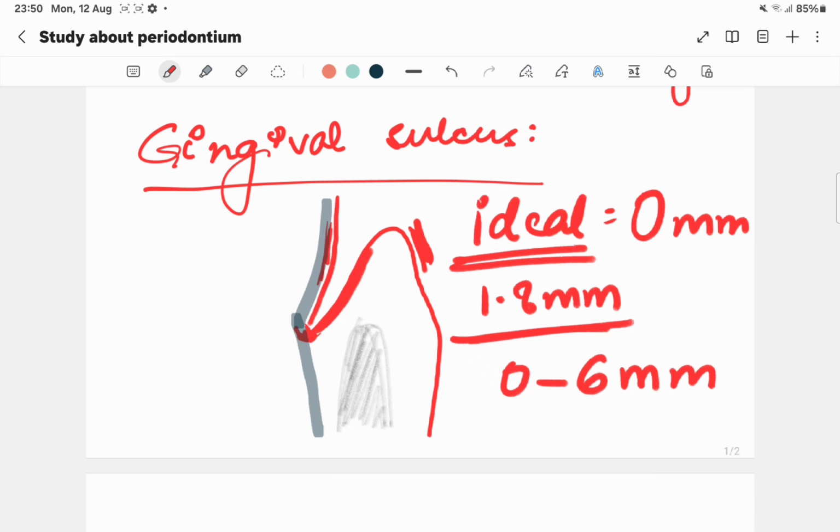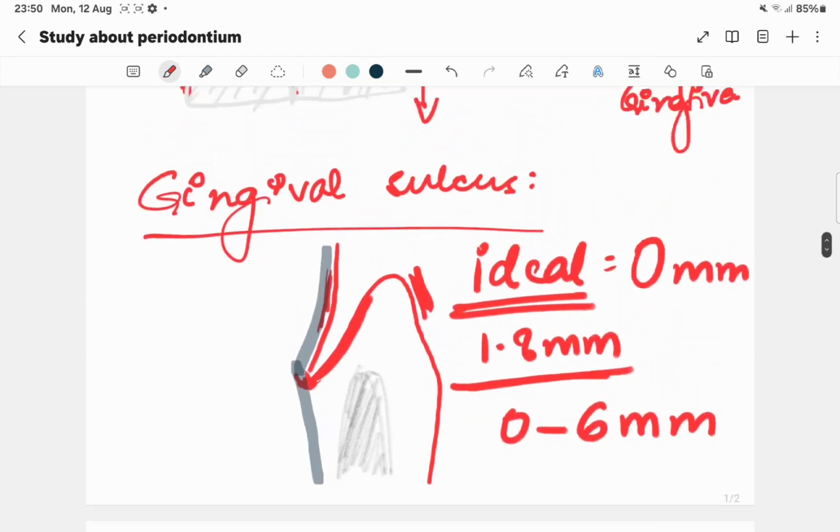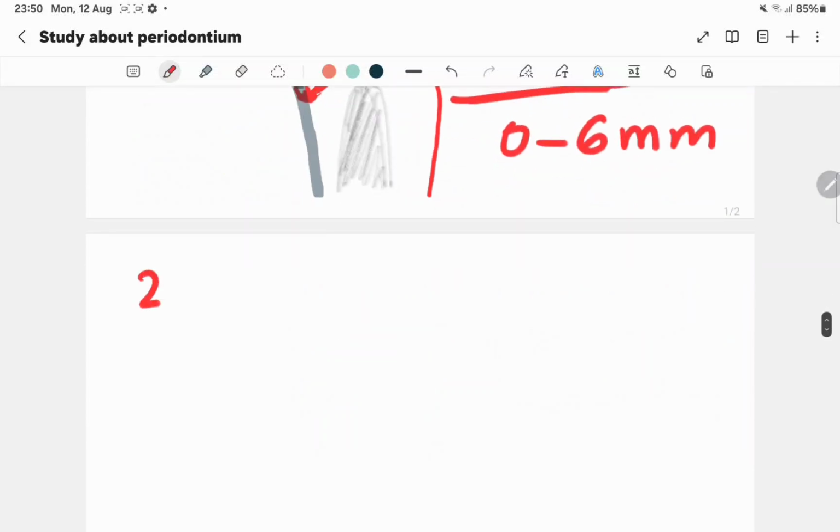In general, a sulcular depth of 2 to 3 millimeters is considered normal.